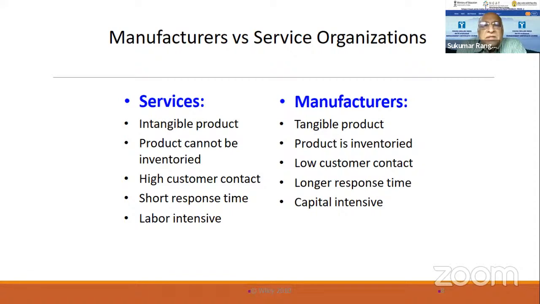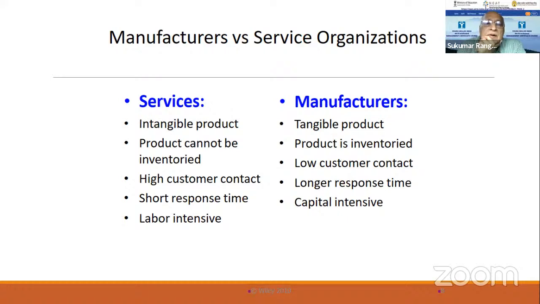In services, there is high customer contact, like we talked about banking, insurance, telecom, wherever there is contact with the direct customer. Whereas in a manufactured product, you do not know, let's say, who is working in a Maruti factory for the car which you buy ultimately, right?